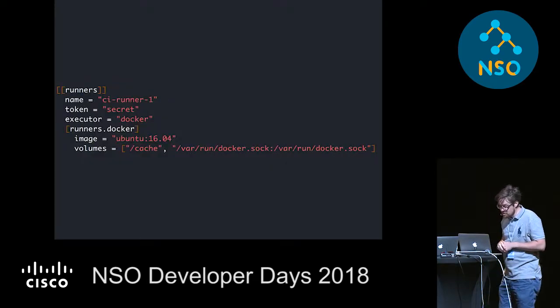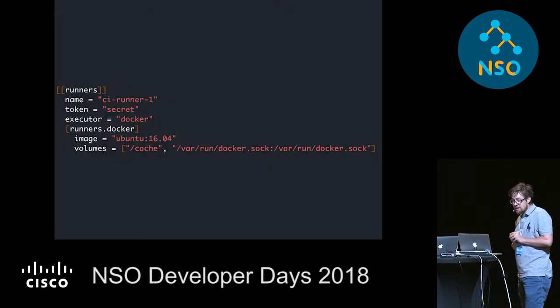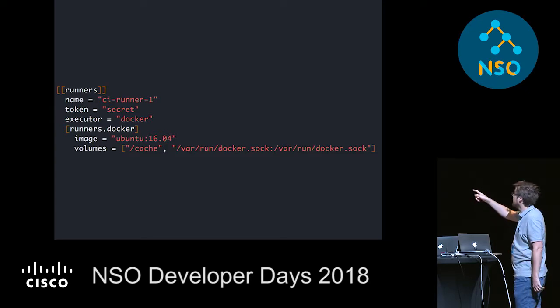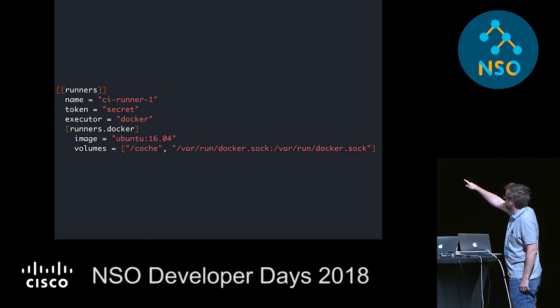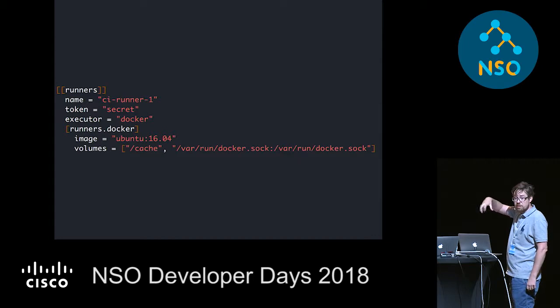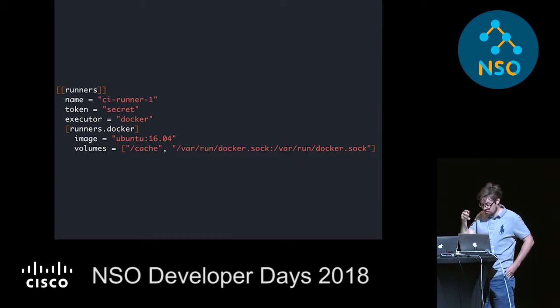The magic that you need in your CI runner config, if you've set up GitLab CI, this is part of your configuration, is that last line, volumes, /var/run/docker.sock. That's your control socket to Docker. So that's what you need to share with the Docker containers for them to be able to start up sibling containers.